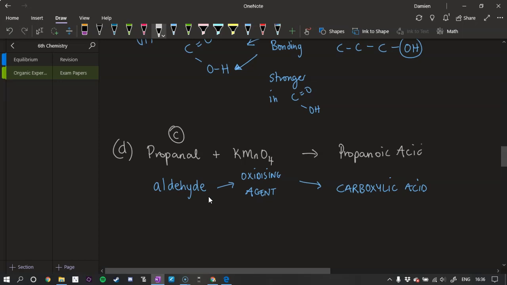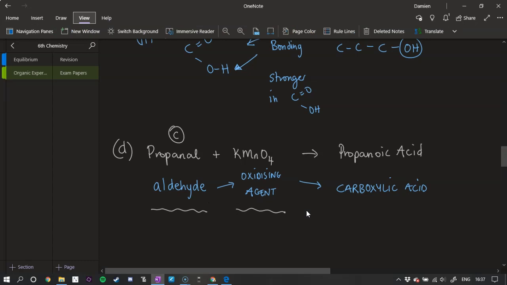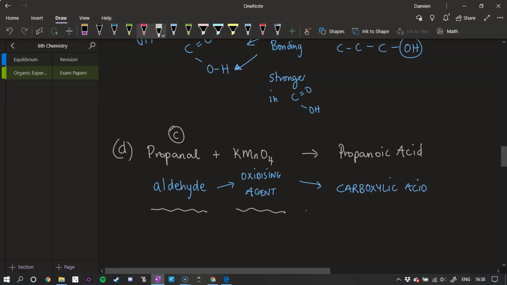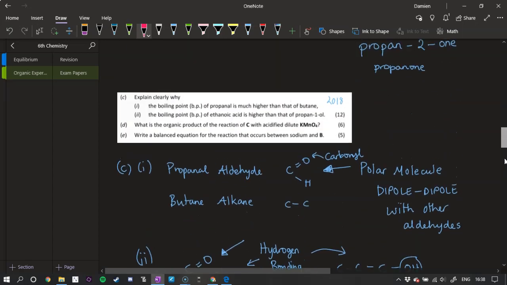Now, all of this comes from the basic fact that an aldehyde, when it's oxidized, will produce a carboxylic acid. And again, this is when the oxidizing agent is in excess. You can also use another oxidizing agent if you wanted. If you had something like sodium dichromate, Na2Cr2O7, that would also work. So propanoic acid.